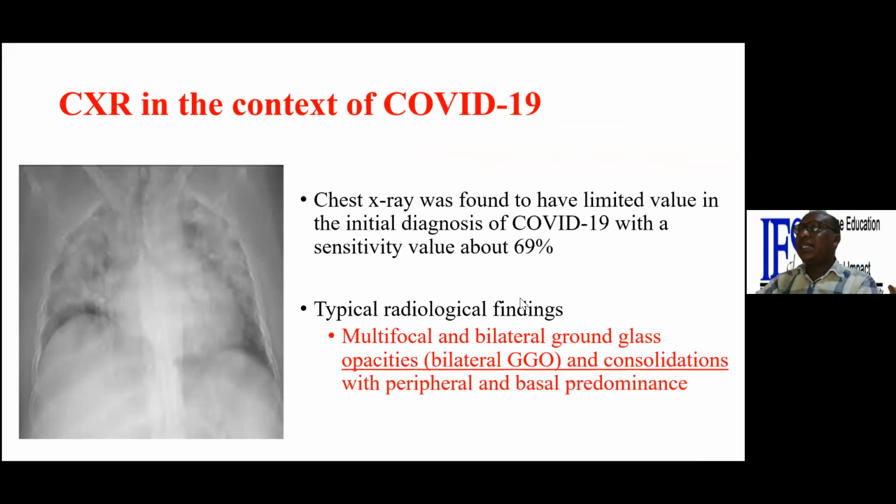Of course, the chest X-ray was found to have a limited value as an initial diagnosis of COVID-19, with a sensitivity around 69%. This is too big and nice. Of course, on this X-ray, our findings will be multifocal and bilateral ground glass opacities on your images.